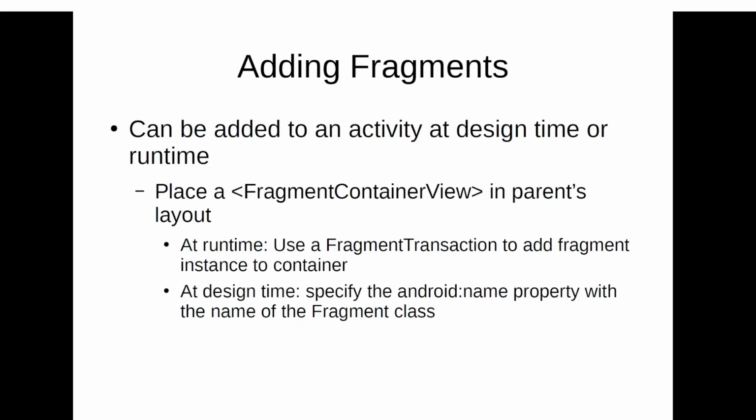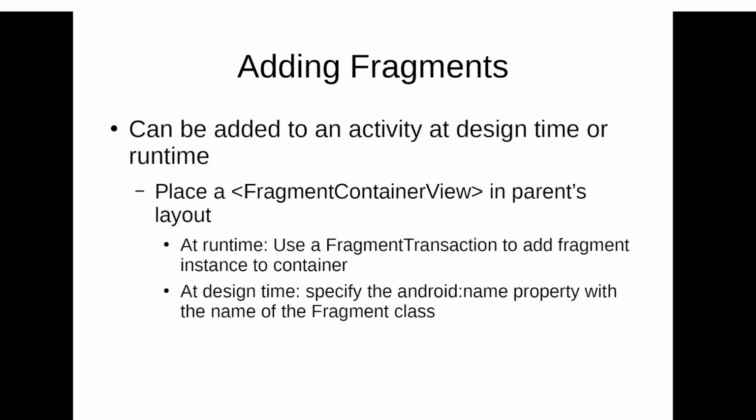So how do we actually add the fragment? Well, we can do this in a couple of ways. We can add the fragment to a container, to our activity in this case, as a child element, either at design time, where we are doing that inside of an XML, or at runtime, where we are writing code in order to accomplish this.